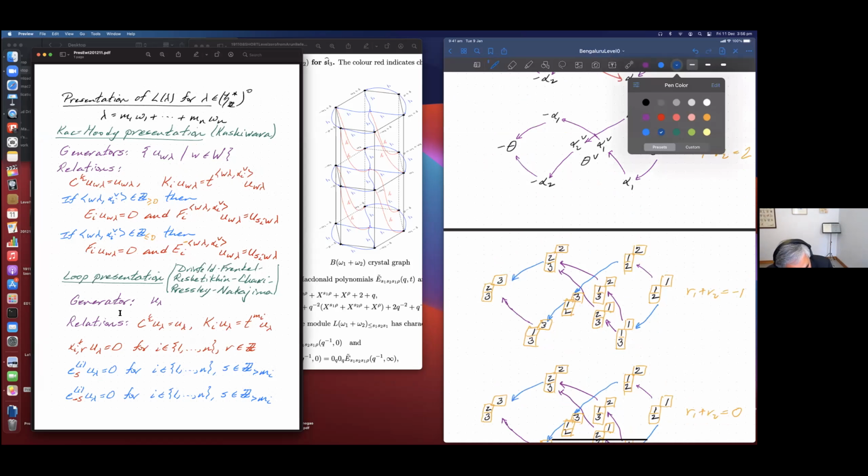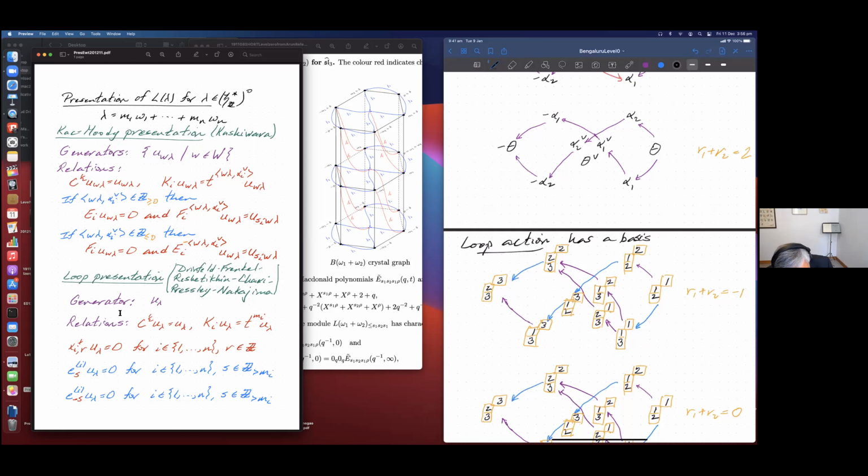And this module in the loop presentation, the loop action, has a basis of eigenvectors for the elementary symmetric functions.